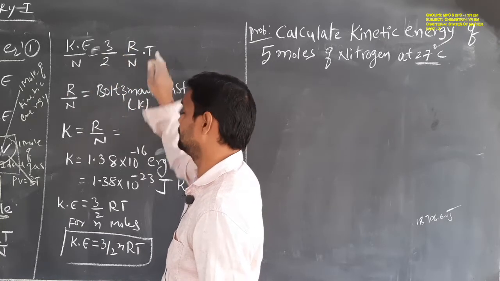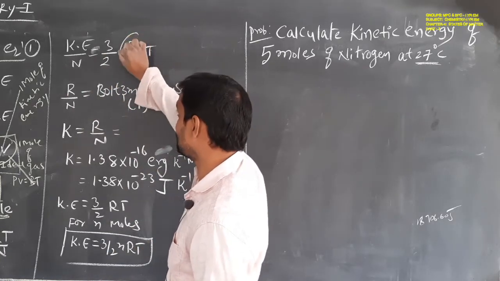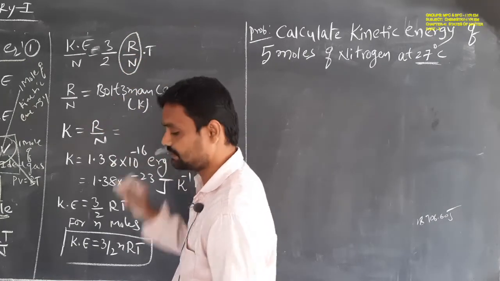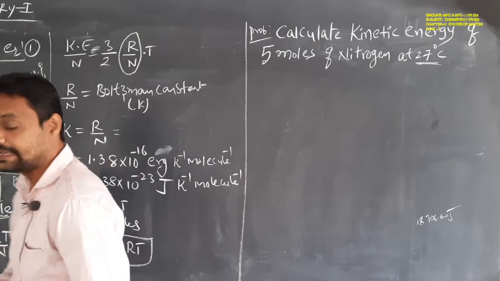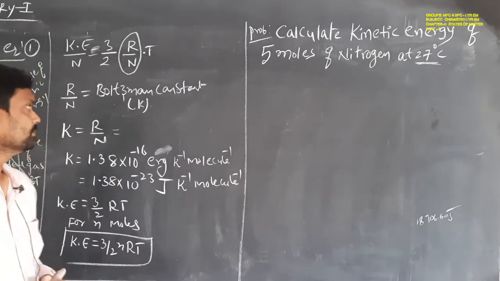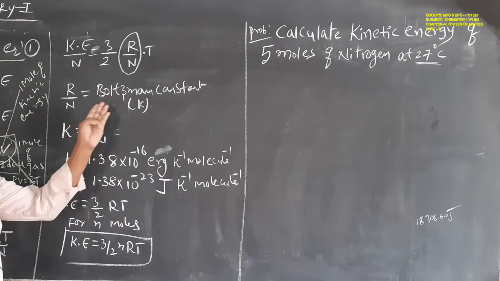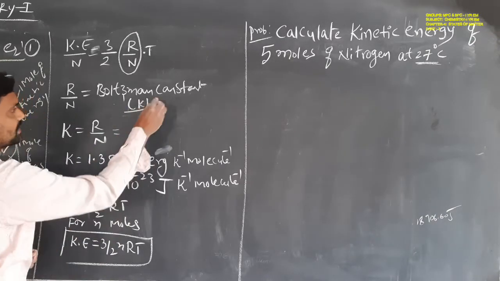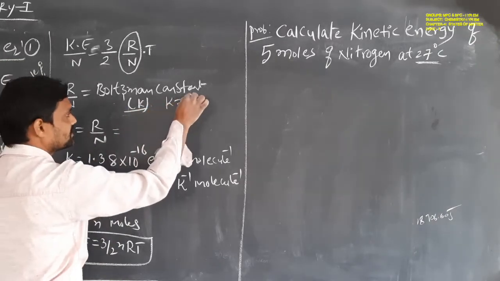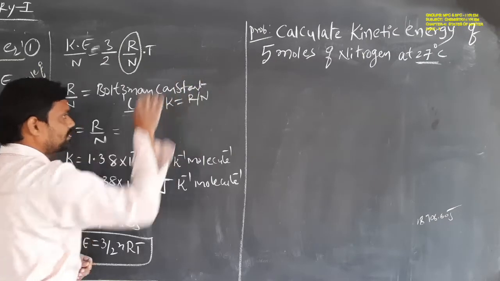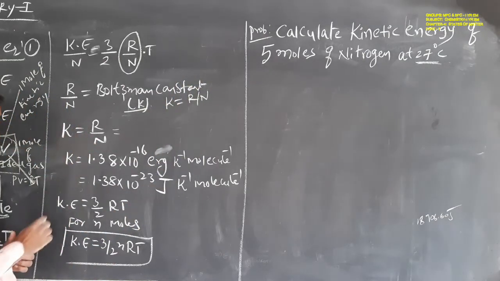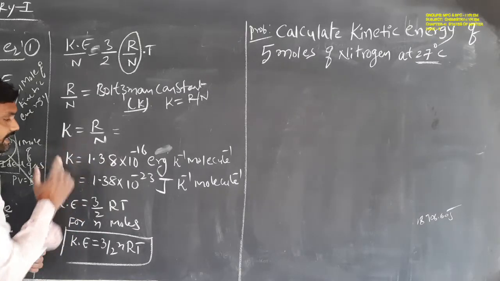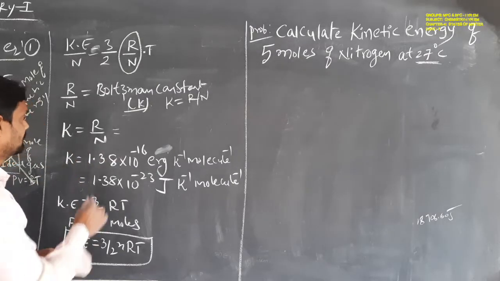N into T. Here this capital R by N we call the Boltzmann constant. Okay students, capital R by N is taken as the Boltzmann constant, indicated with K. So the Boltzmann constant K is equal to R by N, where R is the universal gas constant and N is the Avogadro number.